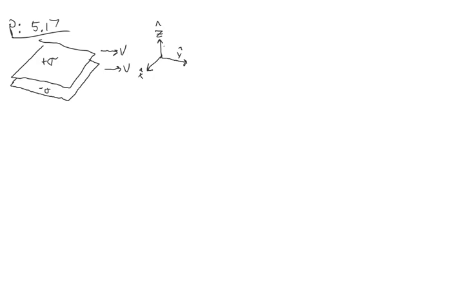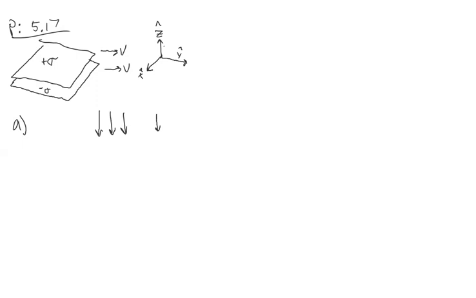Okay, so starting with part A, we will be identifying a few different things. First of all, if we are looking at this plate from the y direction, we're going to be seeing currents coming right at us, in the positive y-axis direction.